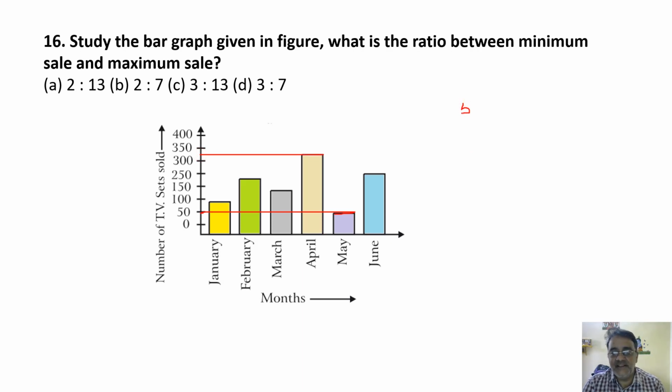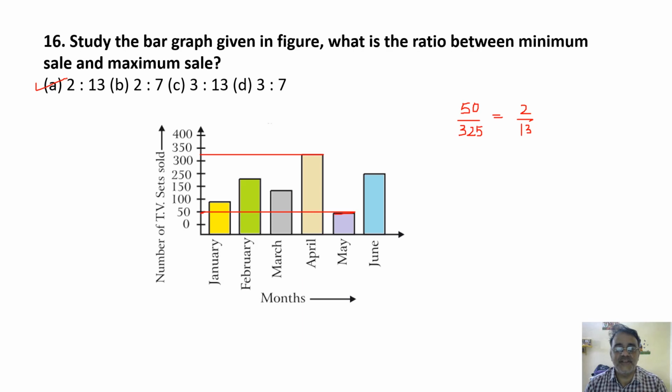So we have to find the ratio, 50 divided by 325. Okay, if you divide it by 25, you will get 2 by 13. And the correct option is option A. This is clear? Yes. Now this is the last question of section A.